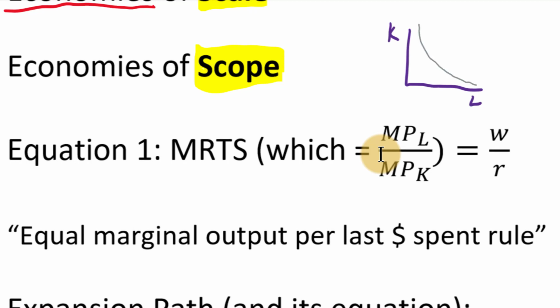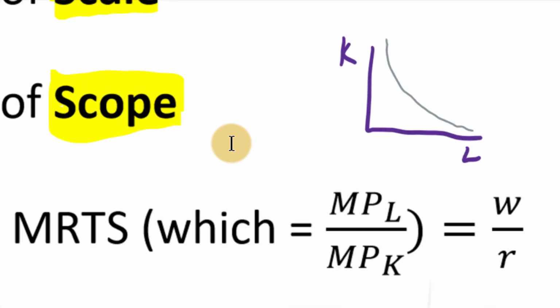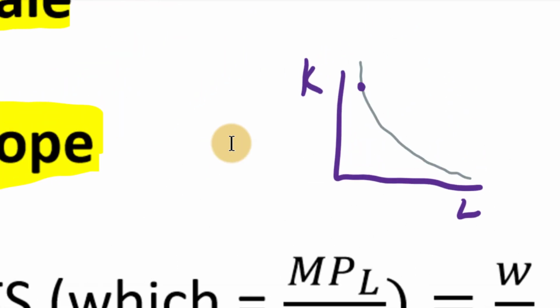And when we have these isoquants, the slope of the isoquant at a point is the marginal rate of technical substitution. What it tells us is how many machines we could give up if we had one more worker. So how many machines could we shut down if we got one more worker?